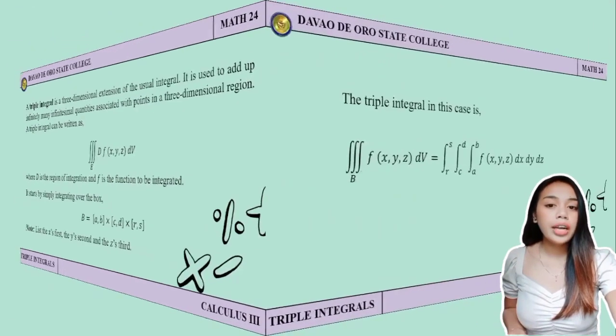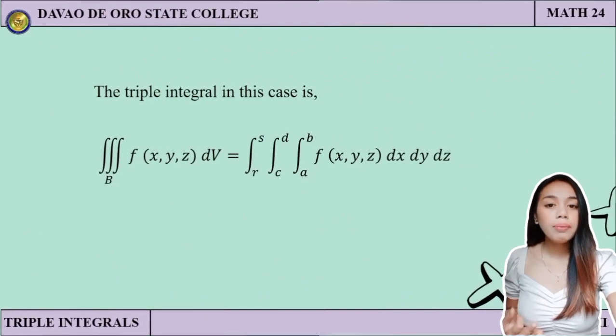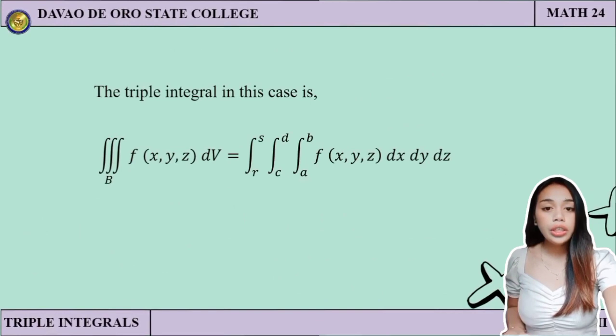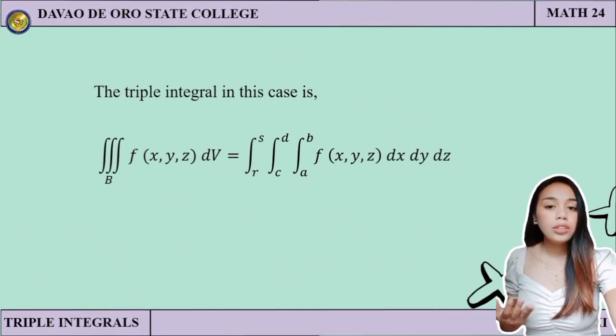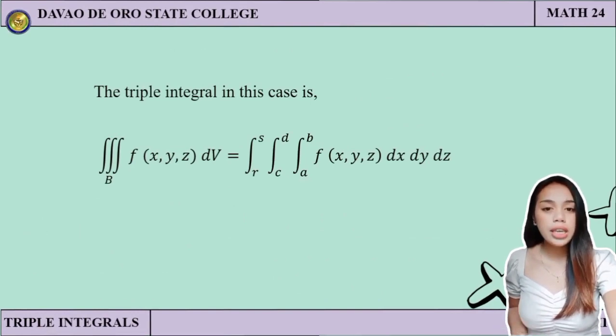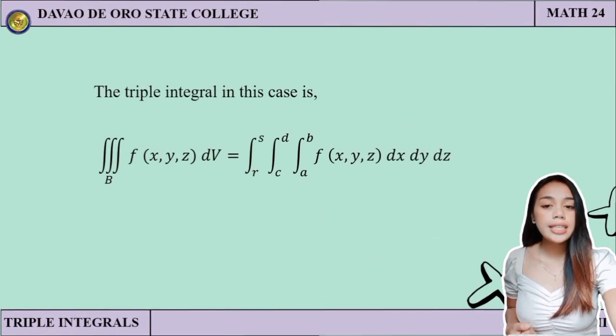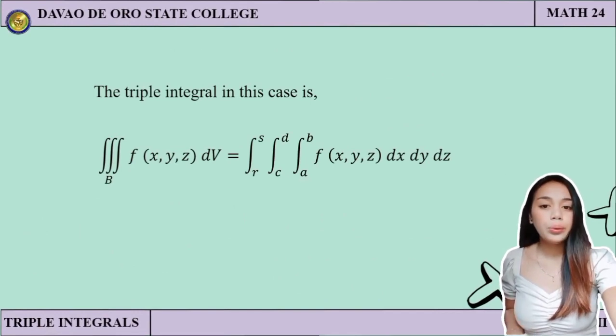And the triple integral in this case is the triple integral of the function f(x, y, z) over the region B with respect to the volume dV, which is equal to the triple integral of f(x, y, z) dx dy dz, where x runs from a to b, y runs from c to d, and z runs from r to s.